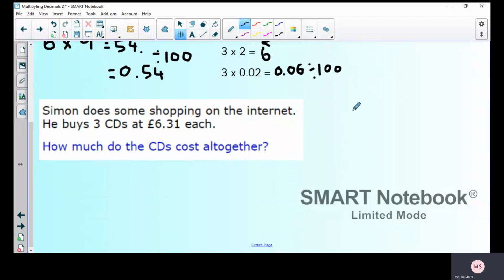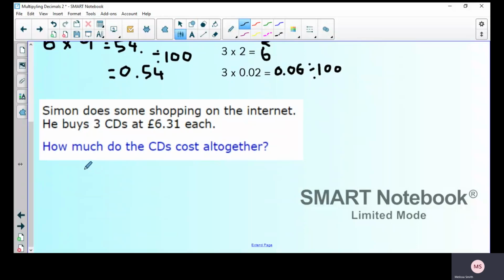So for this question, you can choose whichever method you feel most confident with. You know that it's going to be a multiplication because he's got 3 CDs at £6.31. So that's £6.31, add £6.31, add £6.31, which is the same as multiplying it by 3. There's a few things that we can do here to work this out.